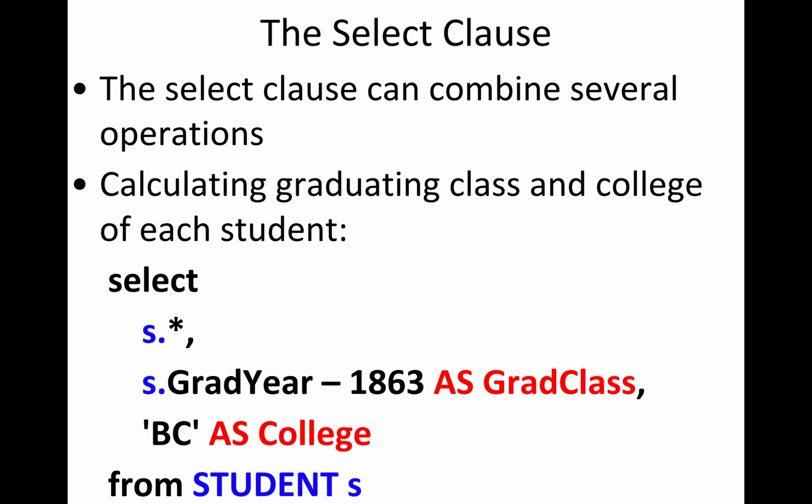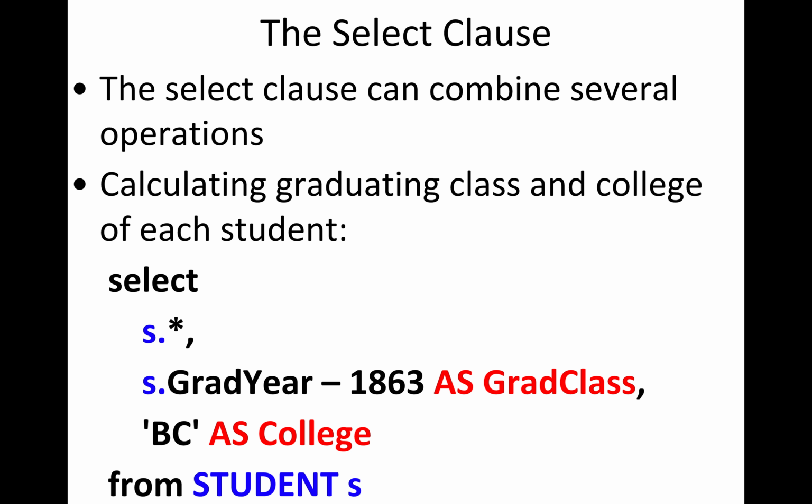All right, so let's go back to the select statement and perhaps use some of these operators. Here we have a select from the students table that we've renamed to be S. We're retrieving all the fields from the student table, and then we are doing an extend, where we calculate the graduation class on the fly.